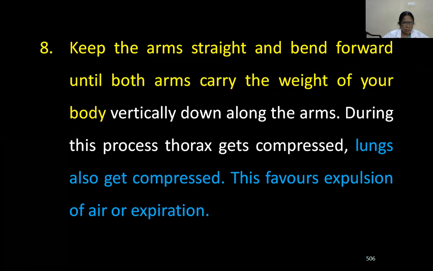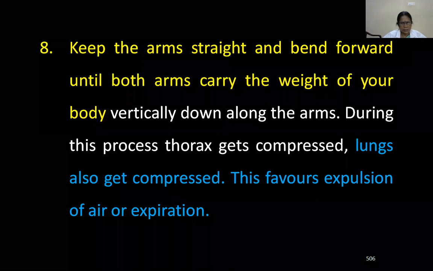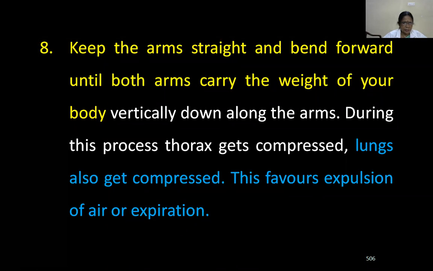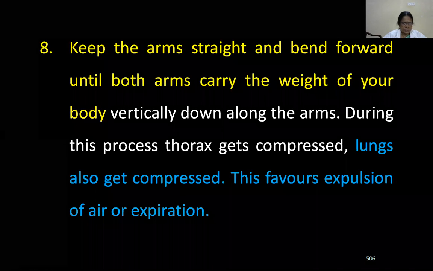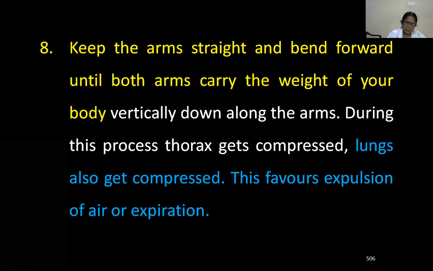His hands are already on the interscapular region on both sides, so when he bends forward, putting his body weight on his arms, the pressure is automatically transferred to the thorax, and the lungs get compressed. This causes expulsion of the air, which is expiration. This approximately takes about 3 seconds.